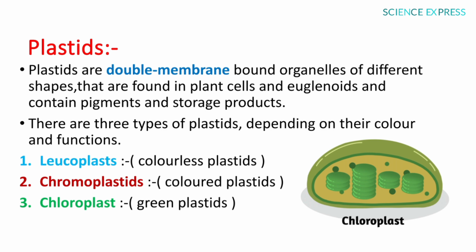Now the next cell organelle is the plastid, which is mainly present in the plant cell, not in the animal cell. It is a double membrane bound structure and different shapes are found in the plant cell. It is also found in the euglenoids and contains pigment and storage products. There are three types of plastid.